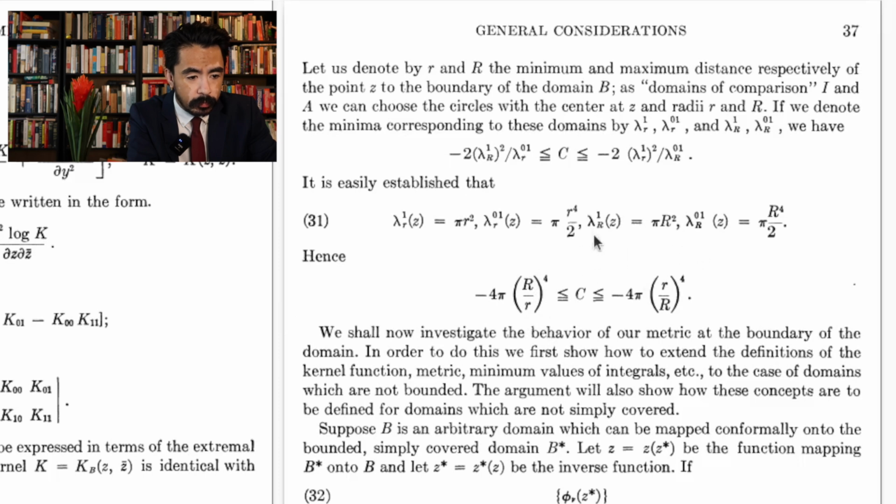This curvature is bounded by reciprocals of these ratios of the radii to the fourth power and this negative 4 pi stuff. Anyways, this is going to be a long edit.